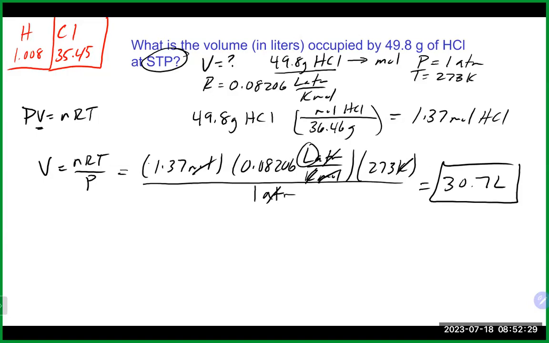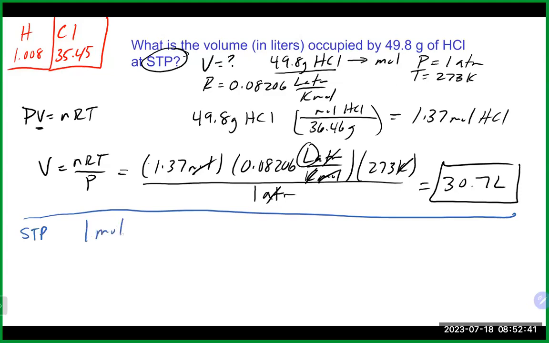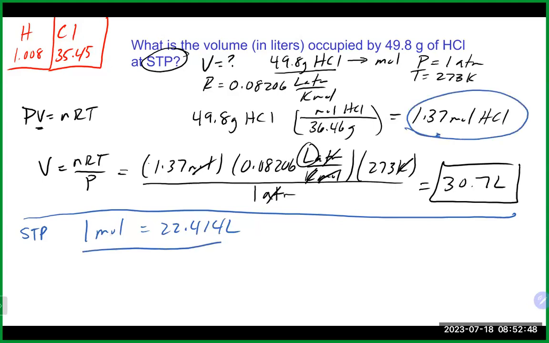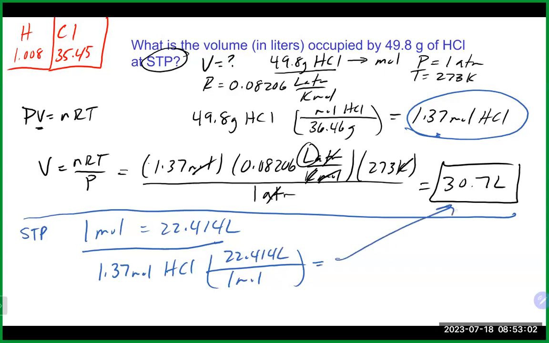Now, because of the STP, we could have, if we wanted to, solved this differently. Because of the STP, we know that 1 mole of any gas will equal 22.414 liters, which means we could have used this conversion and just gone 1.37 moles of HCl, and a mole would be our 22.414 liters, and that should get us there as well.